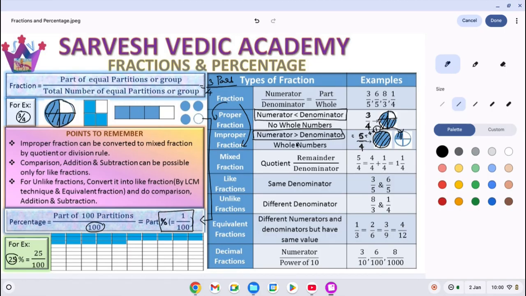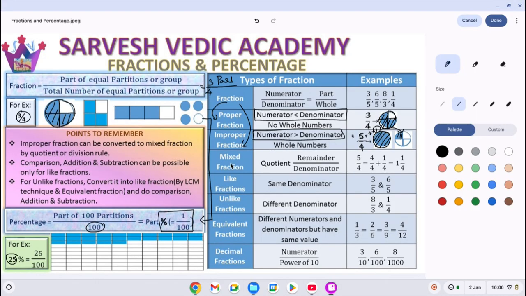So an improper fraction cannot be represented in a single figure. This is the idea behind identifying an improper fraction. In a proper fraction there are no whole numbers, but in an improper fraction there are whole numbers. Let me explain it later.